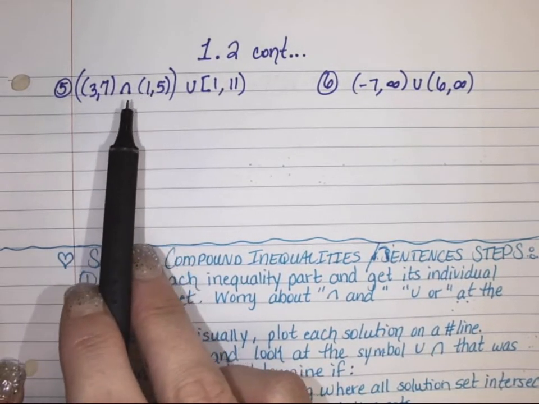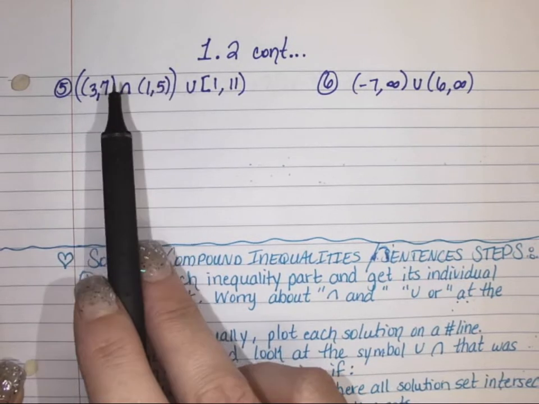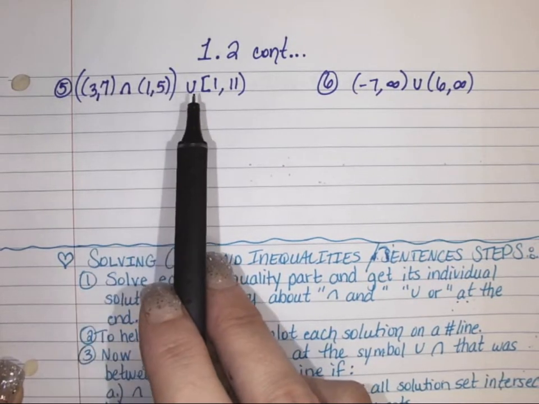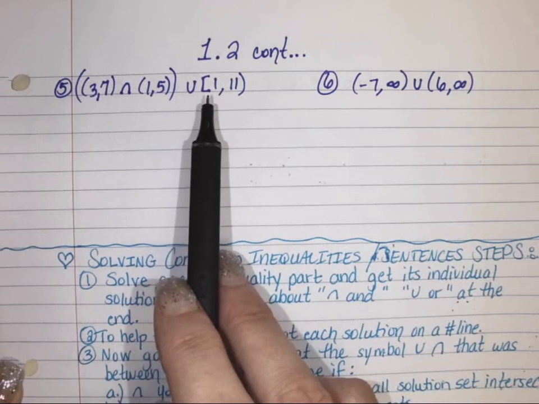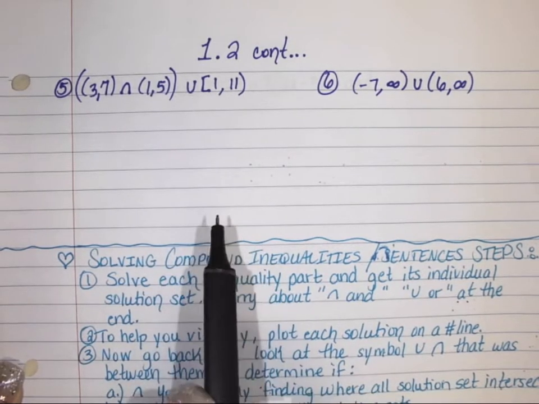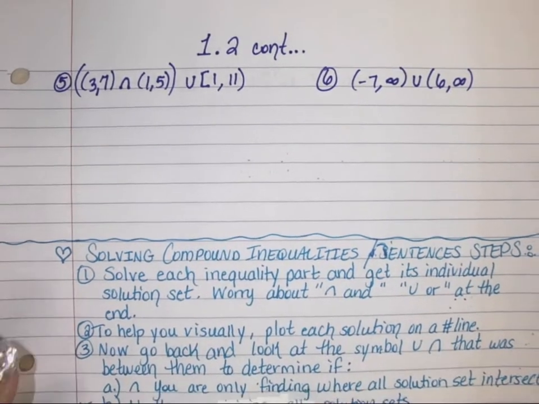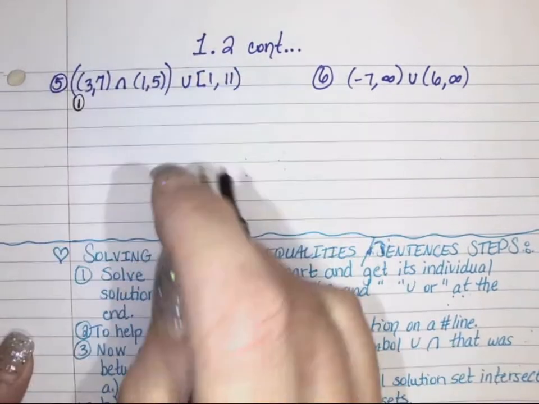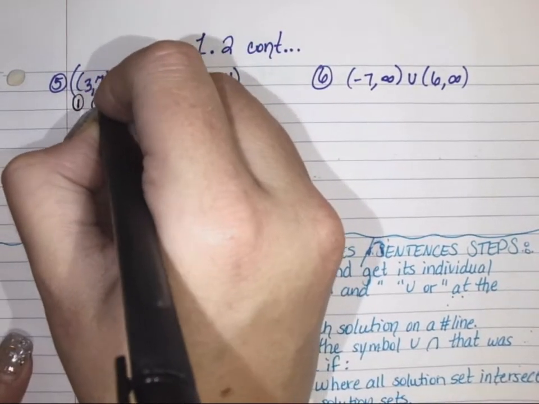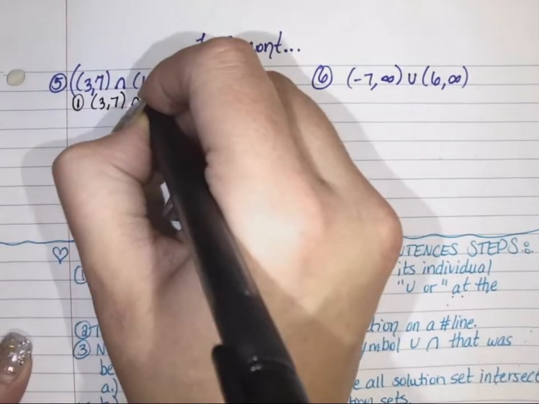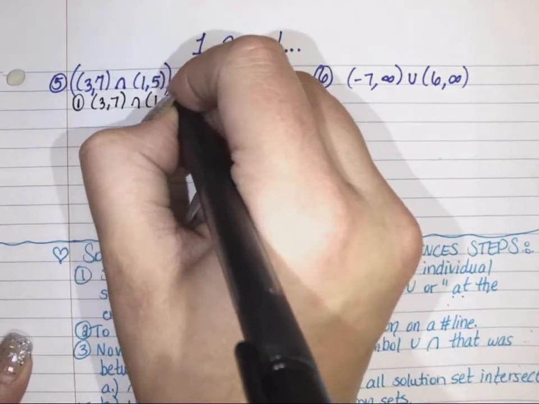So we need to figure out this solution set. Then we're going to take it and join with this solution. So the first step, let's look at (3, 7) intersected with (1, 5].